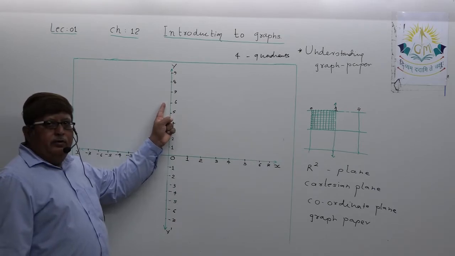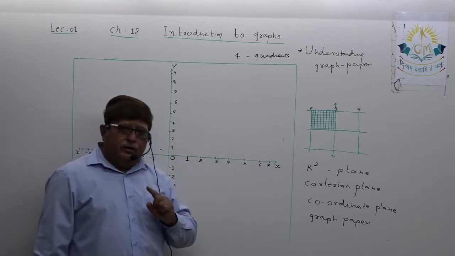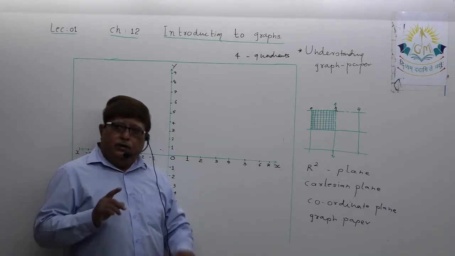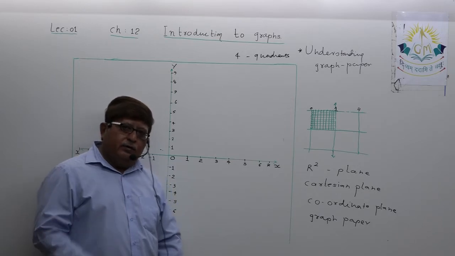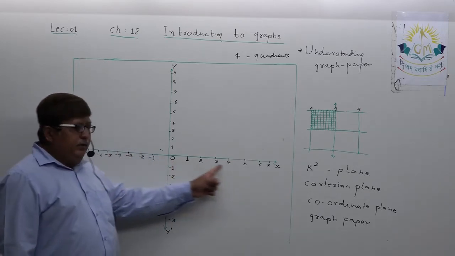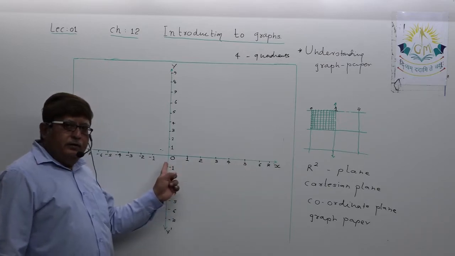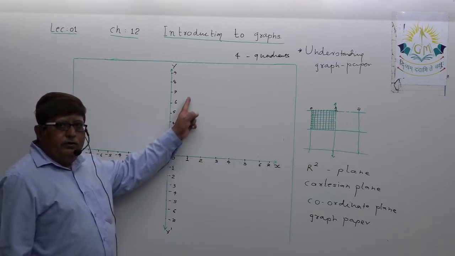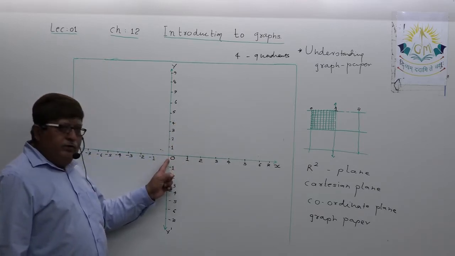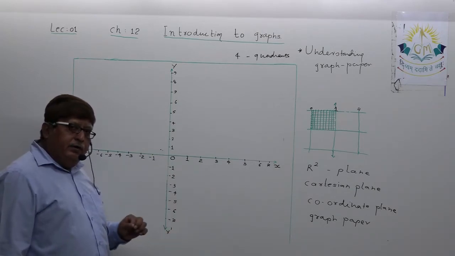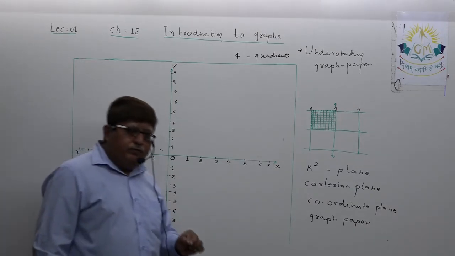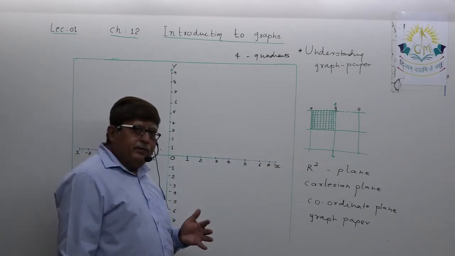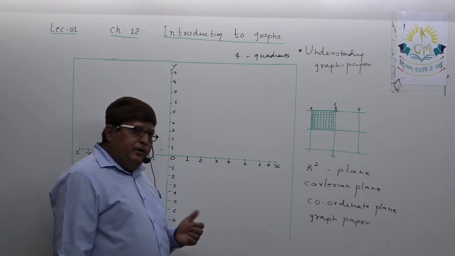These numbers on the y axis are called y coordinates. Understood? These are positive x coordinates, these are negative x coordinates, these are positive y coordinates, these are negative y coordinates. This is what I have just given you as an idea regarding the graph.